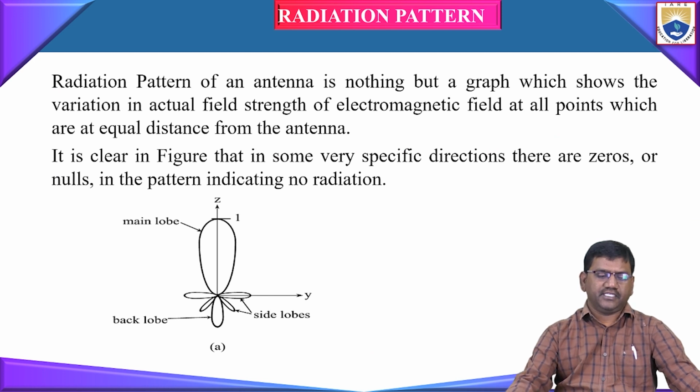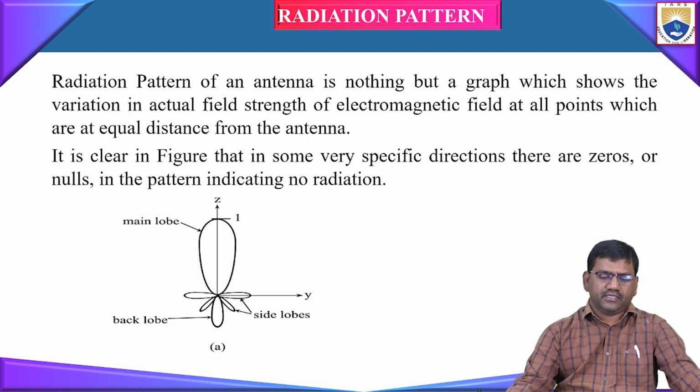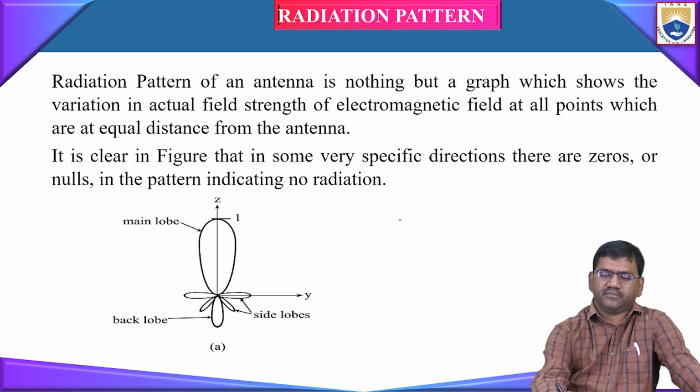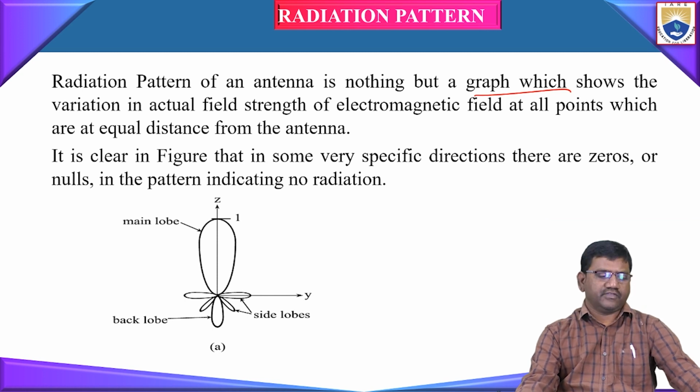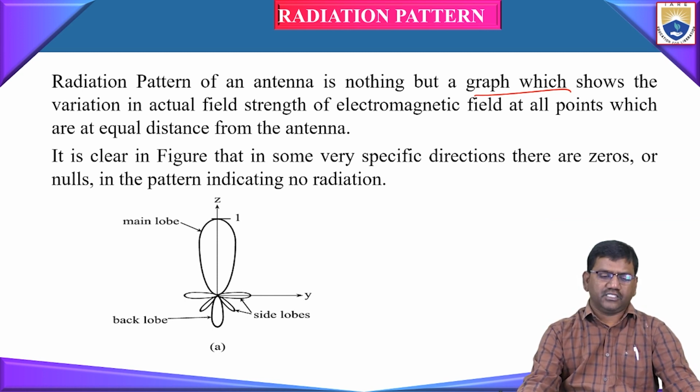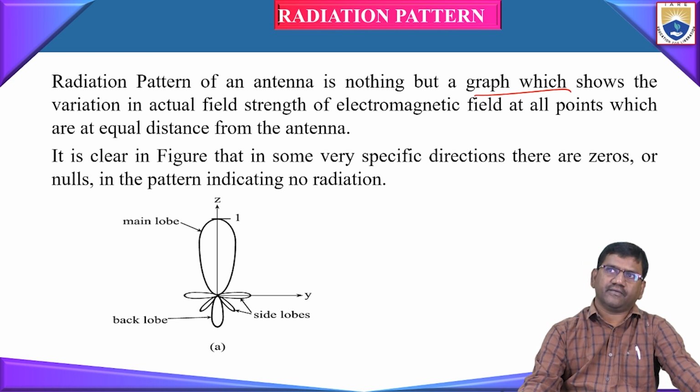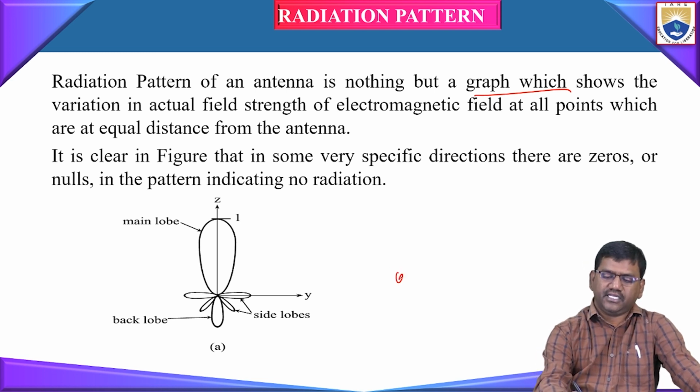The radiation pattern is a graph which shows the variation of the actual field strength of the electromagnetic field at all points which are at equal distance from the antenna. Let us assume there is an antenna here.